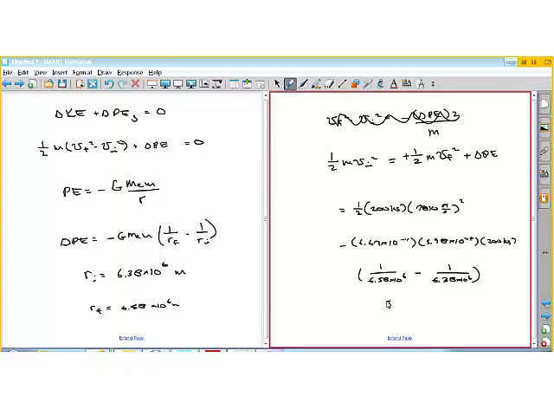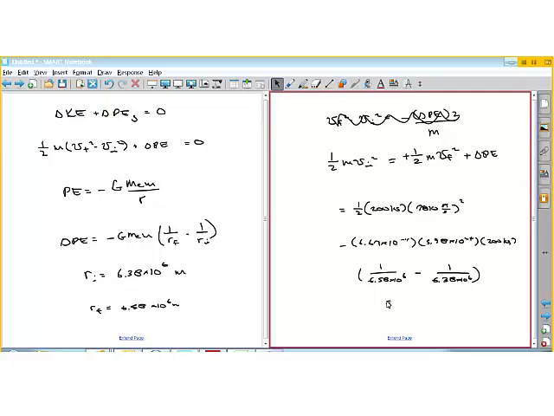Okay, let's do all this. 0.5 times 200 times 7810 squared minus 6.67 e to the minus 11th times 5.98 e to the 24th times 1 divided by 6.58 e to the 6th minus 1 divided by 6.38 e to the 6th.